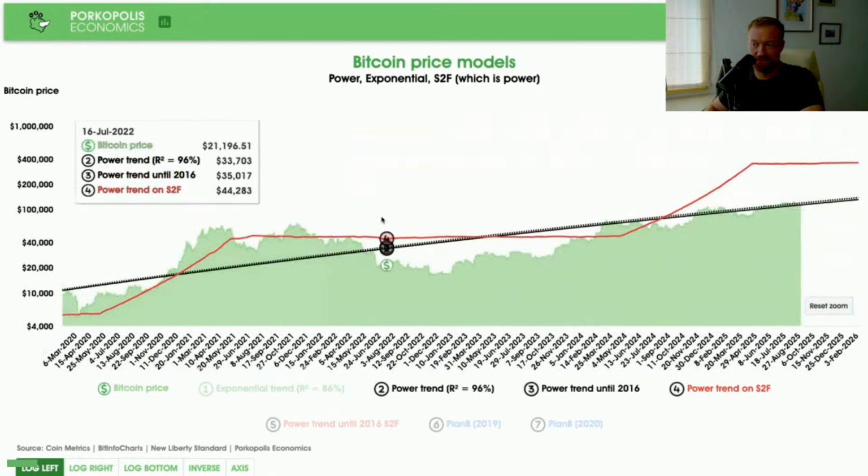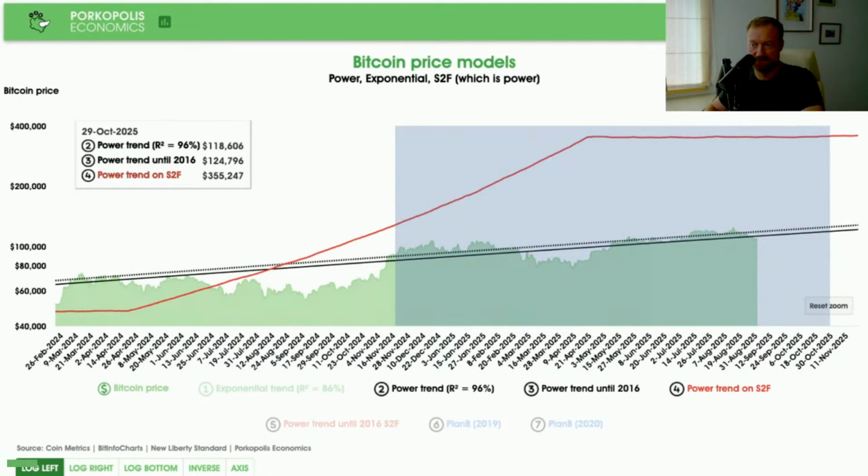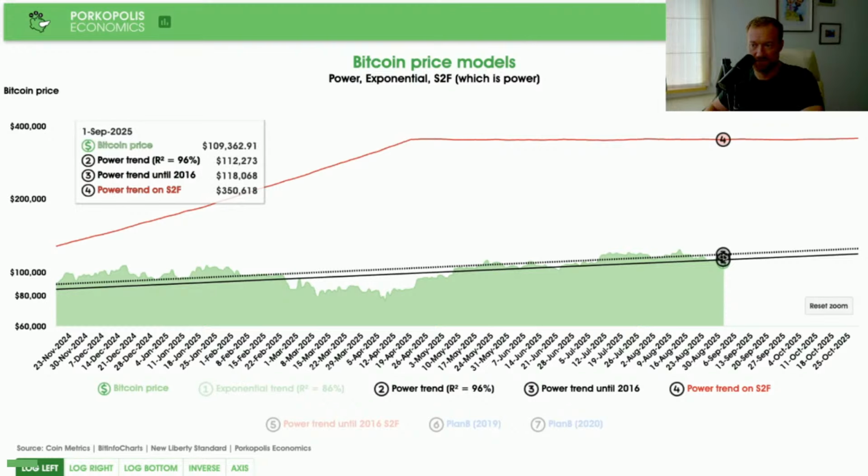So now we'll use the tooltip, even zoom in a lot. There's the difference. Got to zoom in a lot. Go to 1st September. Price of Bitcoin, again, 109K at the moment, pulled it into the model. All-time power trend with all days pricing data from Bitcoin Pizza Day 2010, 112.